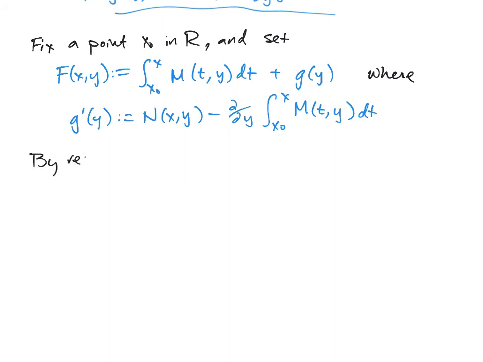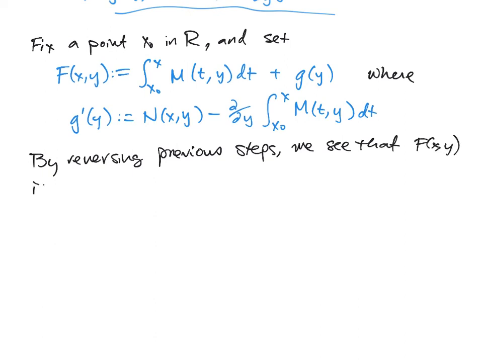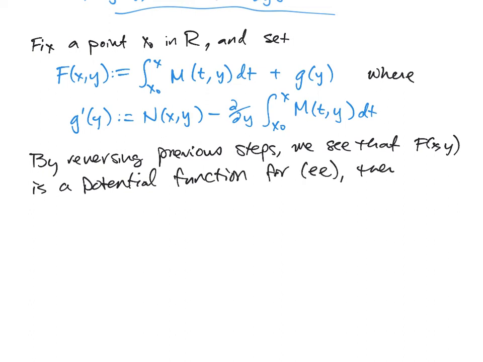So this function big F of x, y is a potential function for E. Therefore, our equation E is exact because there is a potential function where the total differential of that potential function is E. Okay, and that's the end of our proof.